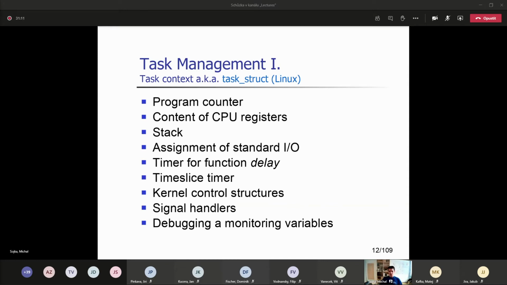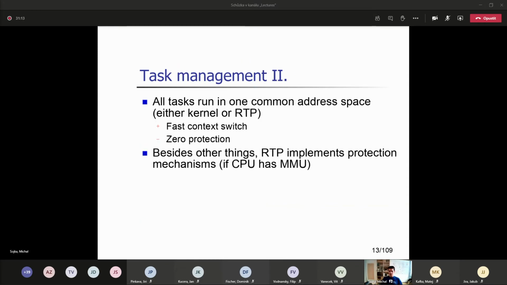So task context is the basis, and when you are switching between different tasks, you need to switch at least the CPU registers.